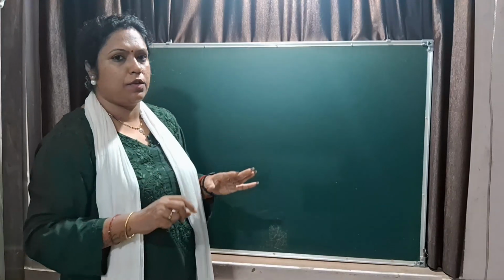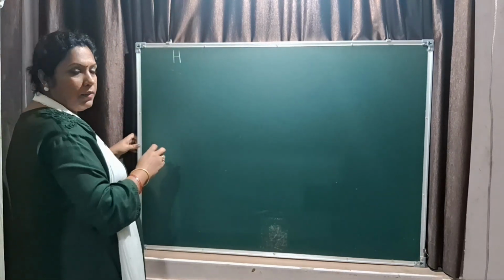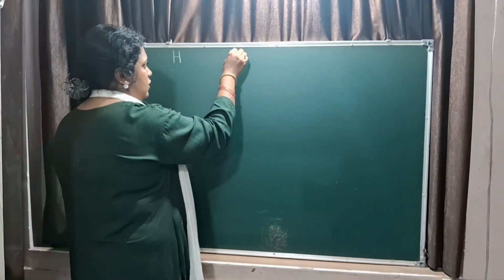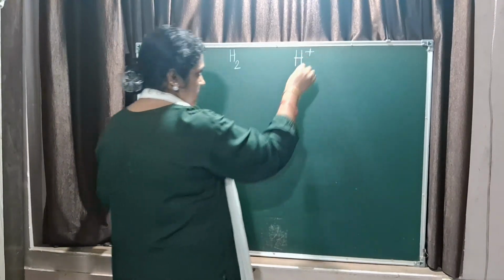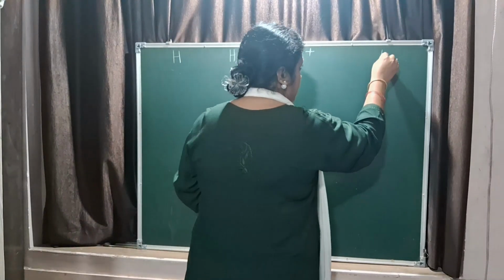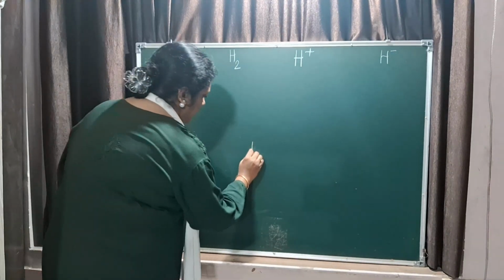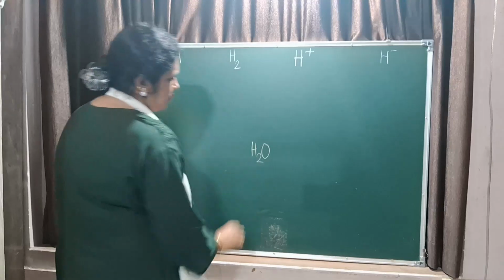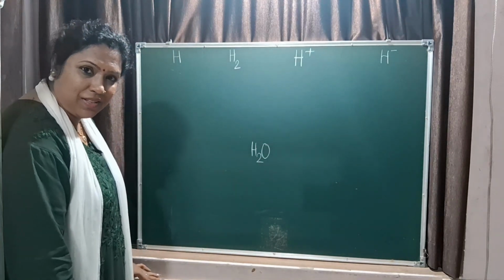Now before writing the formula, there are a few things that you should know, how things are denoted or written. For example, if I write H, H2, H plus, H minus, and H2O, all are certain things present in chemistry, correct?